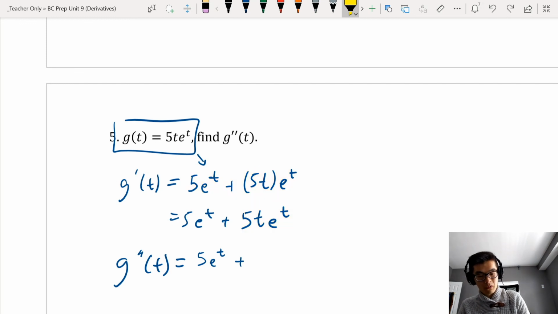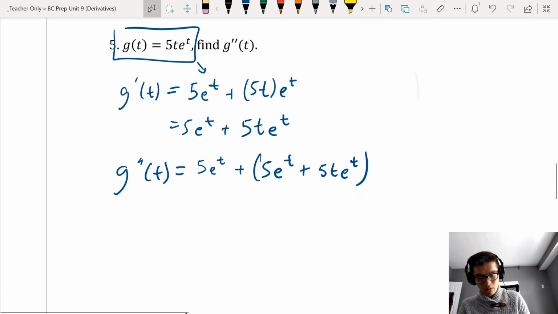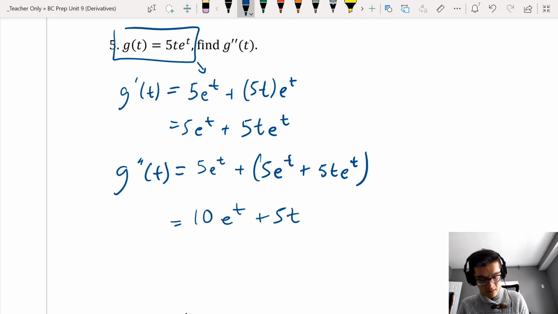So what we're going to do is some copying and pasting here. This is like recursion, where you're using the previous term to figure out the next term. And so then we're left with 5 plus 5, that's 10 e to the t plus 5t e to the t. There you go. That's it.